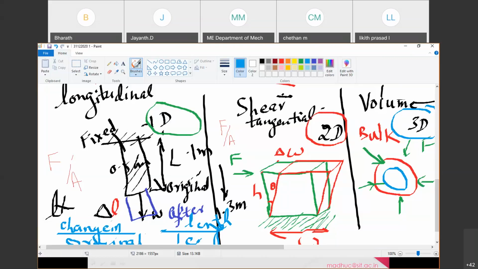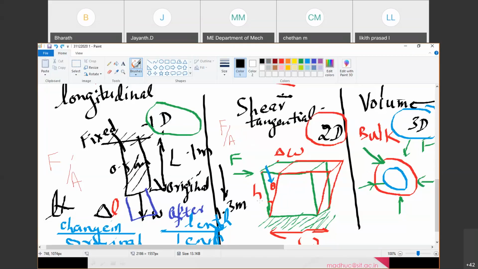In the second case, it is two dimensional. The change is what we call theta. Theta is a change in the angle, so normally you can define it as tan theta.